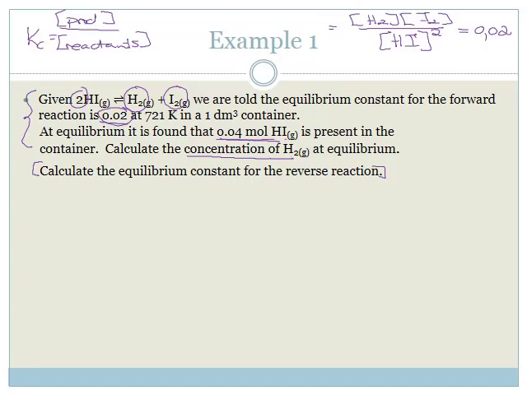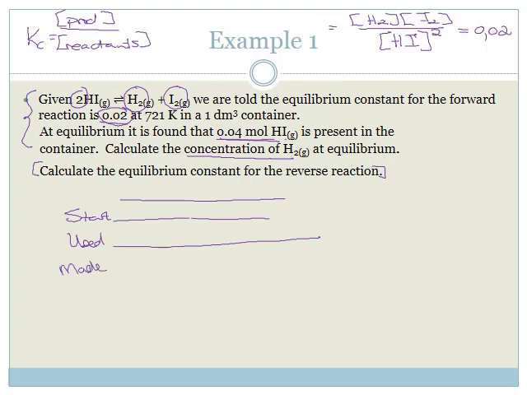Okay, so what we're going to have to do is use a table. Now, grade 12, there are lots of different ways to label this table. I use SUMEC, which is start, used, made, equilibrium, and obviously concentration, which I put in square brackets.